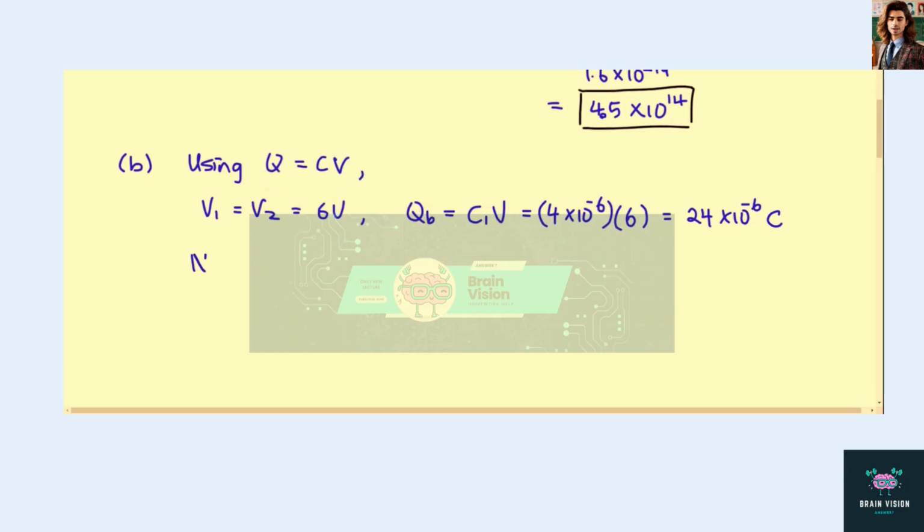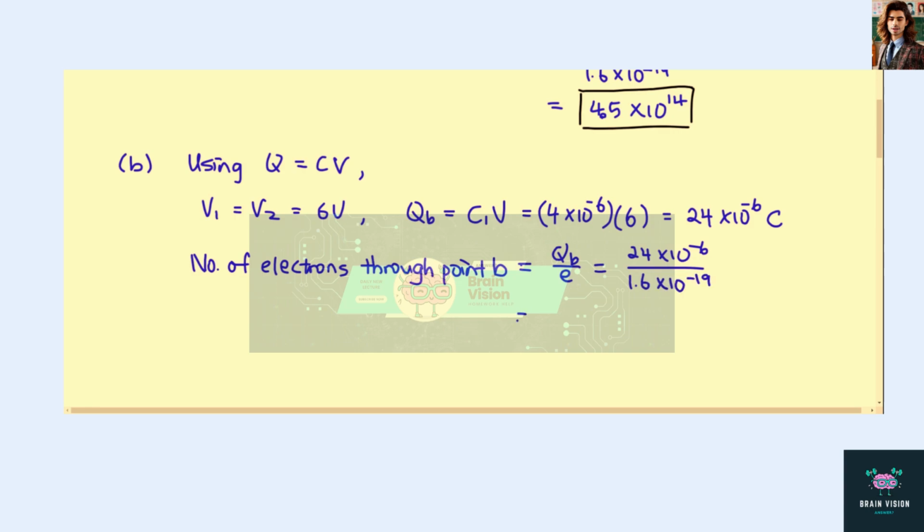The number of electrons through point B is QB divided by e, 24 times 10 to the negative 6 divided by 1.6 times 10 to the negative 19, which gives 1.5 times 10 to the 14.